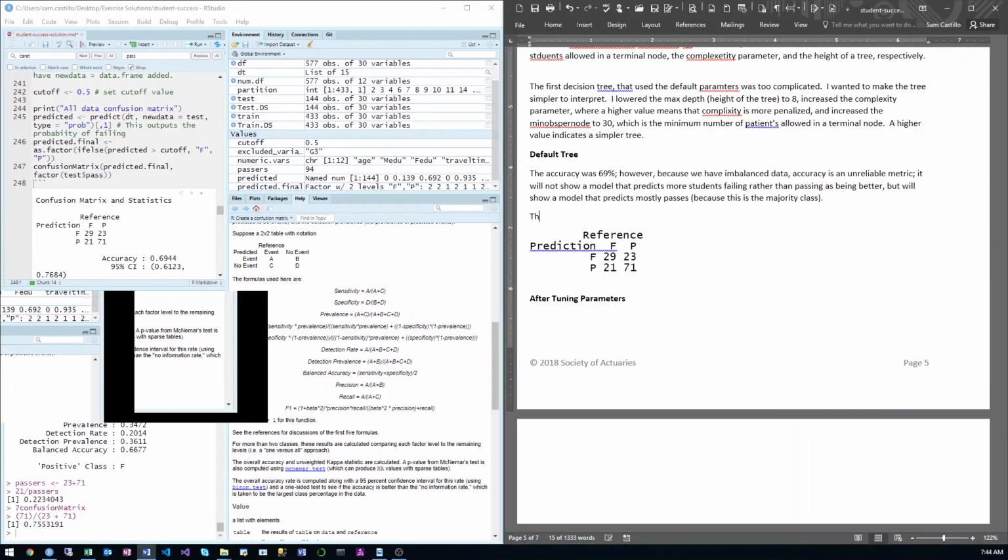So the specificity is the percentage of students who actually pass that are predicted to pass. This is 71 over 23 plus 71, or 75%.